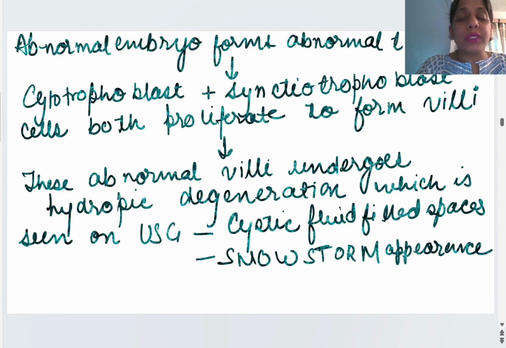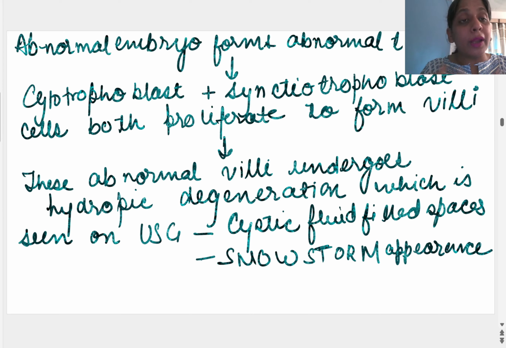Now you see that when two sperm fertilize, there is formation of an abnormal embryo, because a normal embryo is one sperm, one ovum. Two sperm means an abnormal embryo forms abnormal trophoblast.